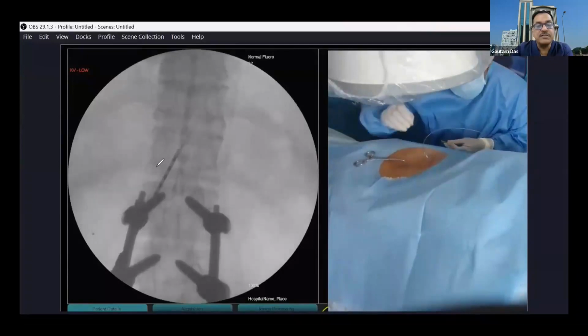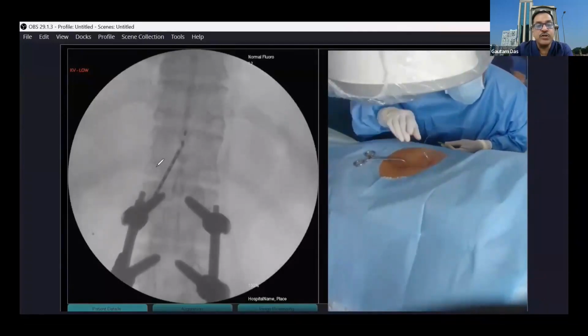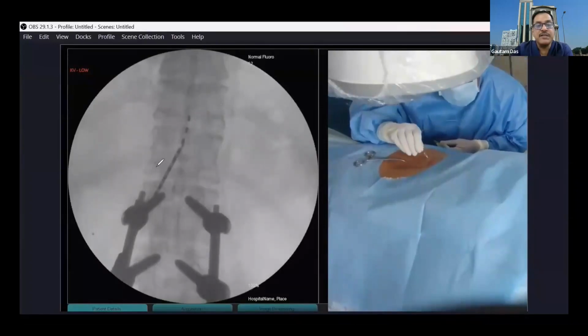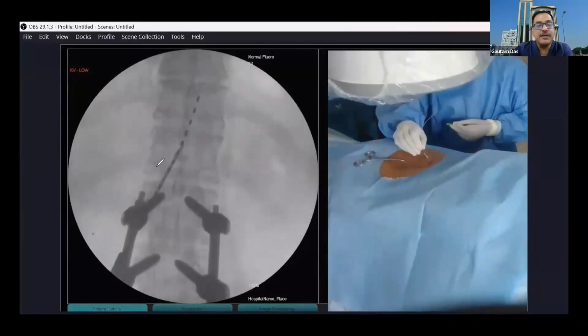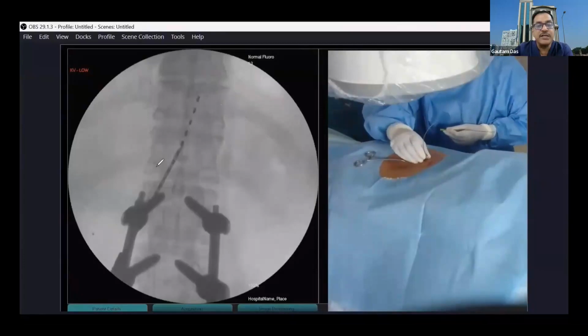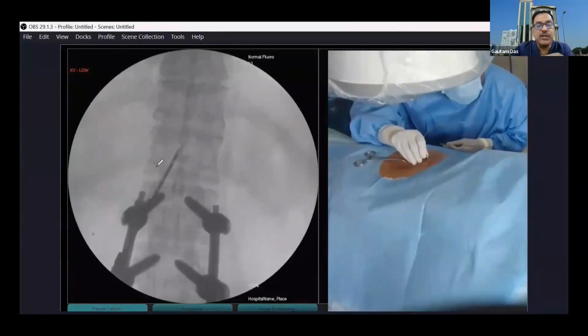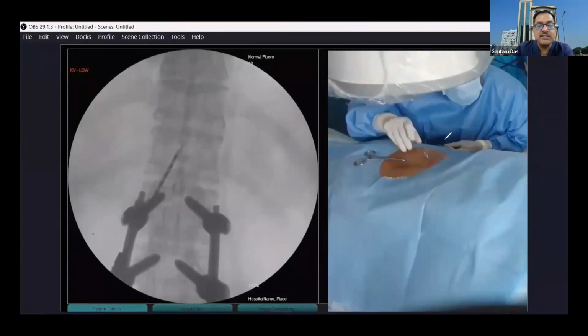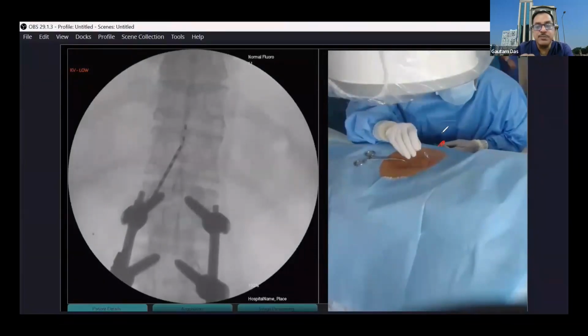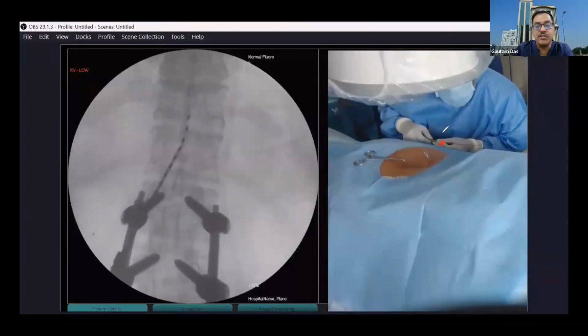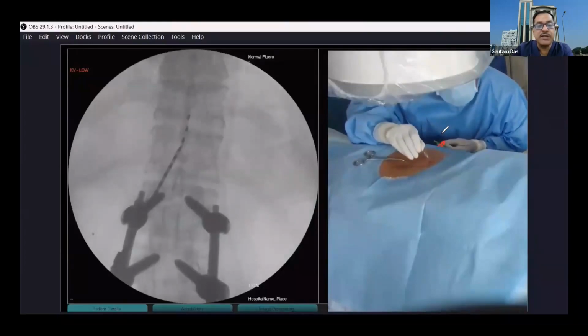So by this trial and error and the steering, we are trying to put it on the left hand side. Again, it is going right hand side. So with the help of the stylet, this is the stylet. So here by rotating the stylet, you see I am rotating the stylet to steer the tip of the catheter.